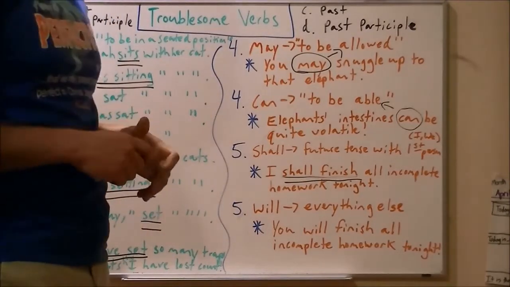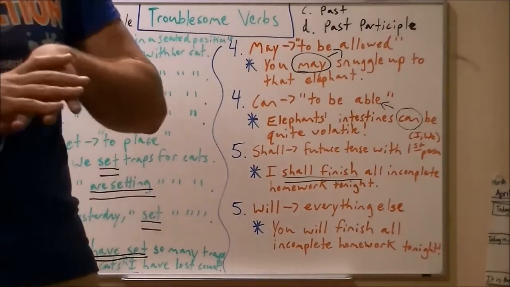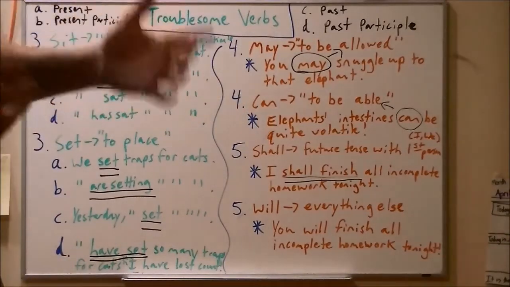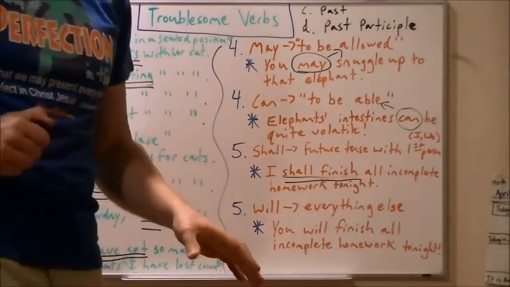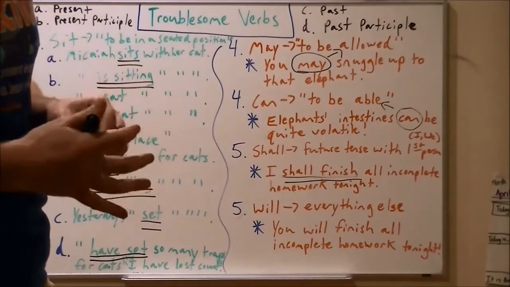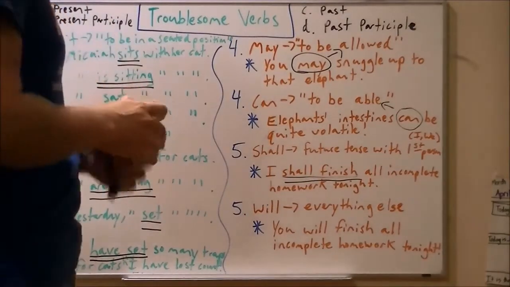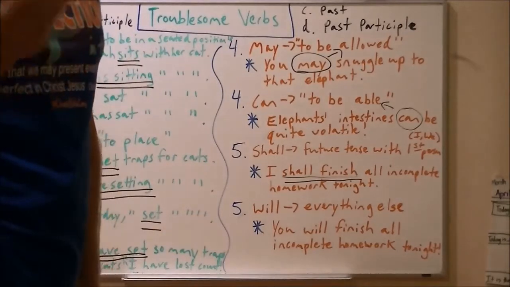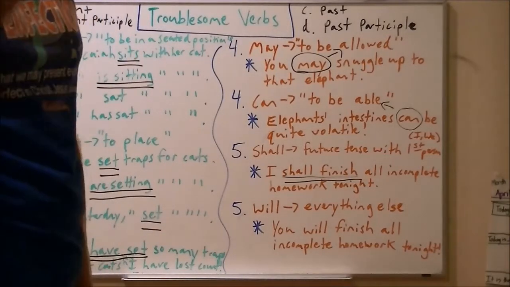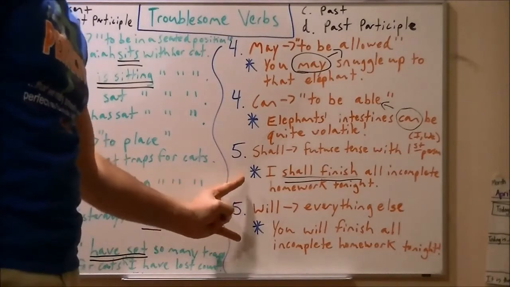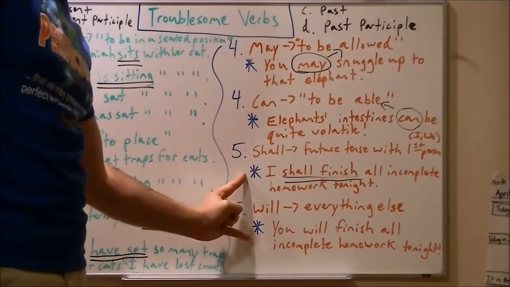Now, will, that's when you can use it anywhere else, and really you can just use it anywhere, including with future tense and first person. But if you're wanting to argue semantics, which means if you just like to argue, or listen to this though, on your tests, okay, for test purposes, I want you to answer the questions in these two ways.